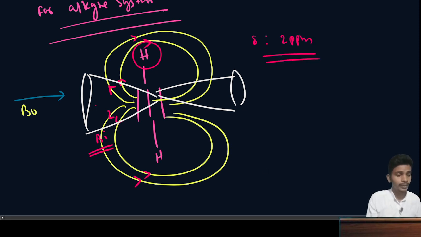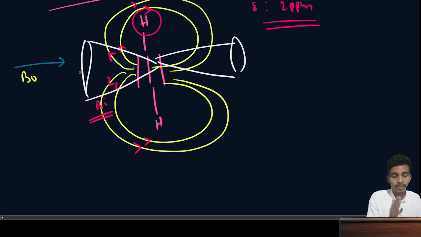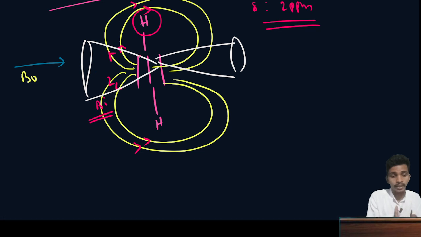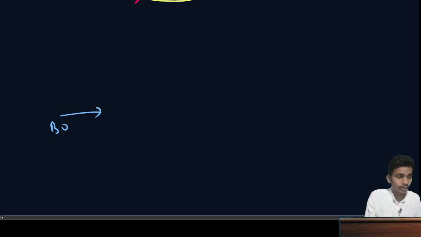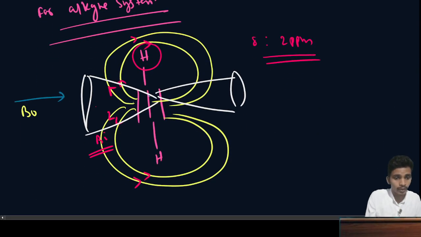The reason is that, experimentally, it is found that for these alkyne systems, whenever you give B induced to any system, the alkyne system will rotate.